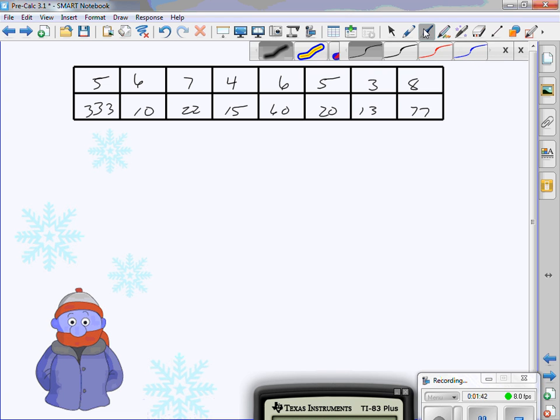If you look here, 5 goes to 333, 5 goes to 20. They can't. Also you have 6 goes to 10 and 6 goes to 60. Every input, the x values, can only give you one y value.